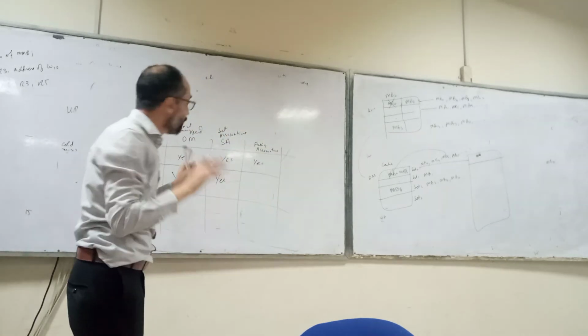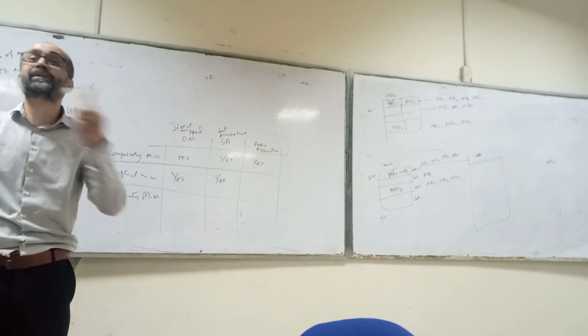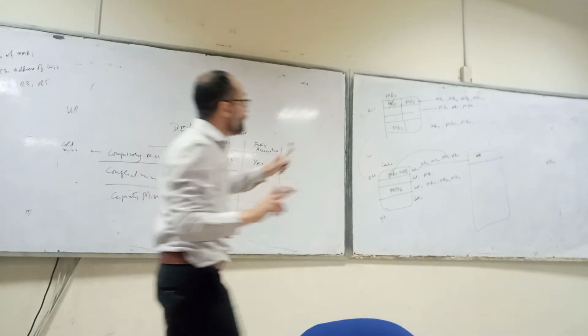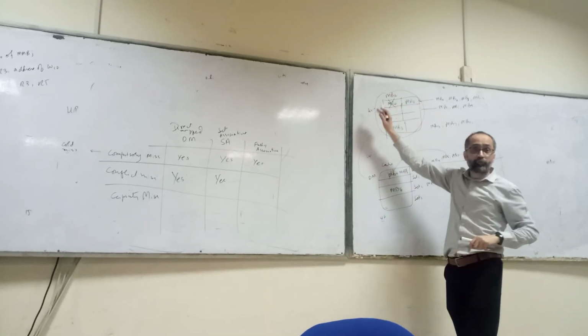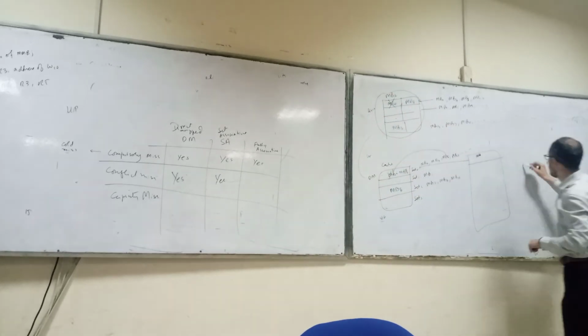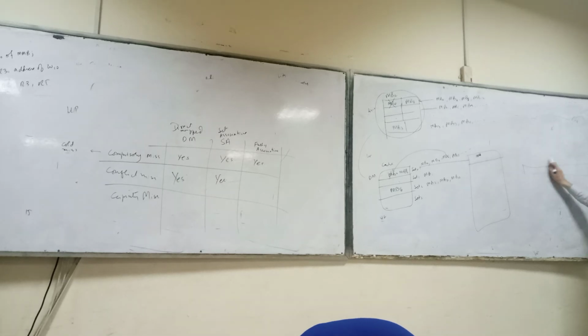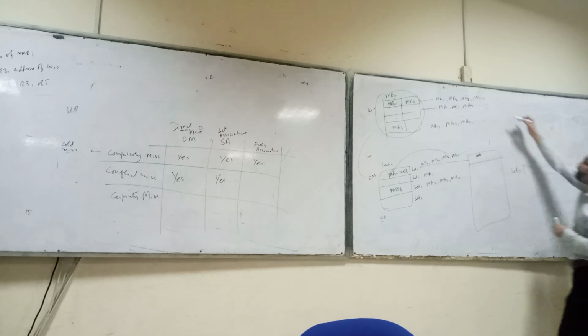But in a fully associative cache, a conflict miss will never arise. Because instead of four sets, in a fully associative cache you have only a single set, that is set 0, and all of the blocks will be mapped here.